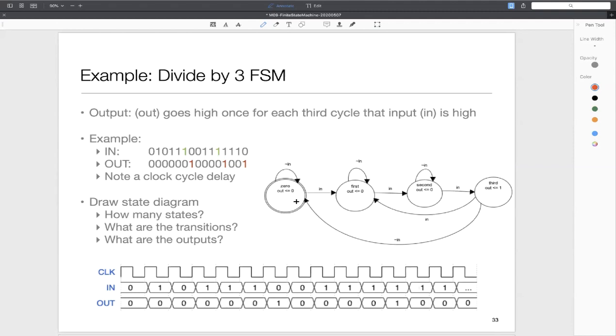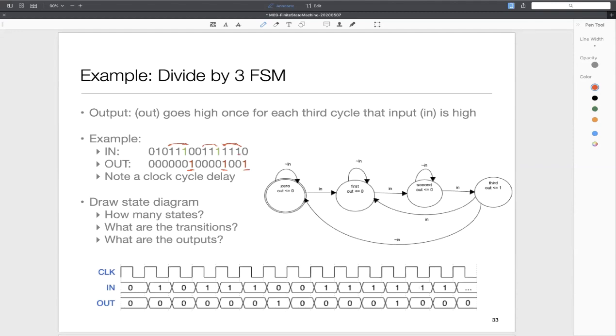The only time it will output a 1 is when it sees a sequence of 3 ones. There is again a clock delay here because we are thinking in terms of a Moore machine. Likewise, it sees another sequence of 3 ones and outputs a 1.